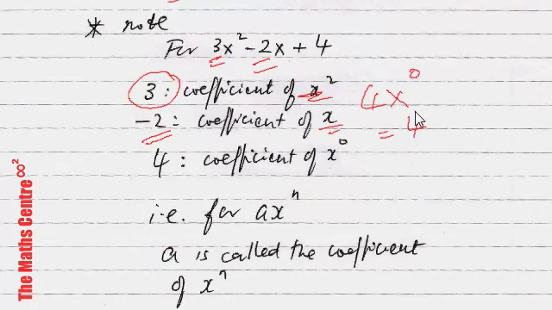And to summarize, if you have any term in a polynomial, ax to the power of n, a here is called the coefficient of x to the power of n.